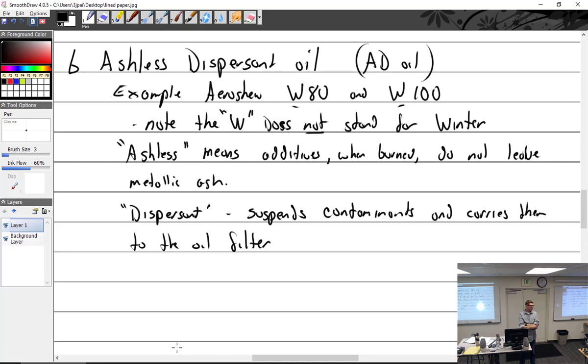Depending, I would further inquire, are you breaking in an engine? No, I happen to have 200 hours on my engine. We're getting ashless dispersant. Well, which kind? And what engine do you have? I have a 470. What is the environment you're flying in like? Thank you for asking. I'm changing it this week, and I live here in Sacramento. Then 80 or 100?